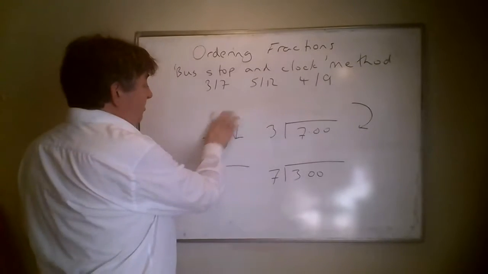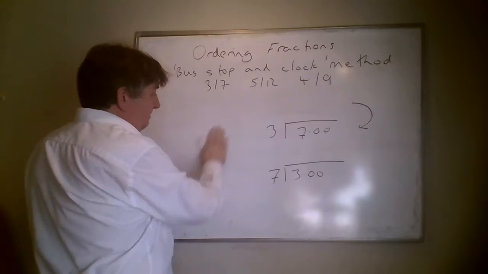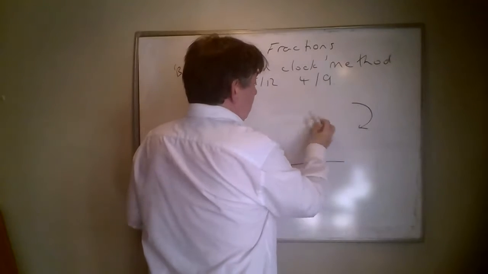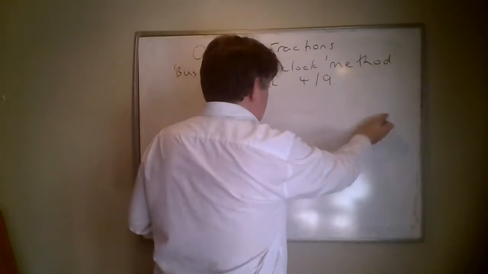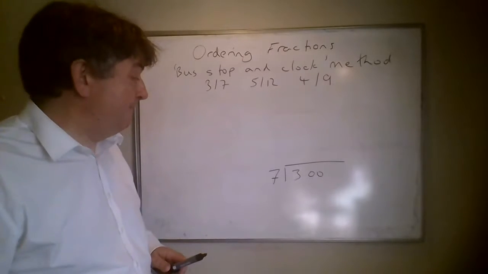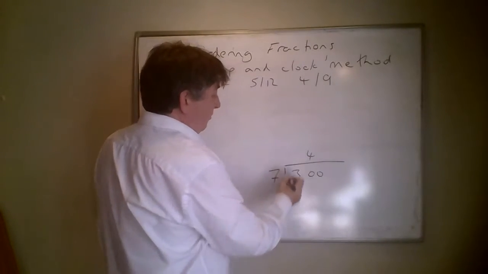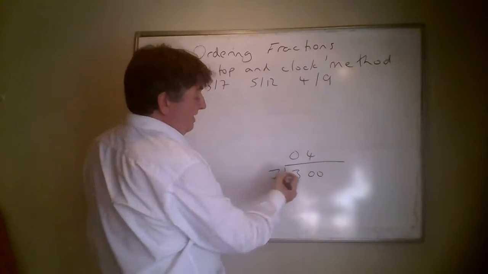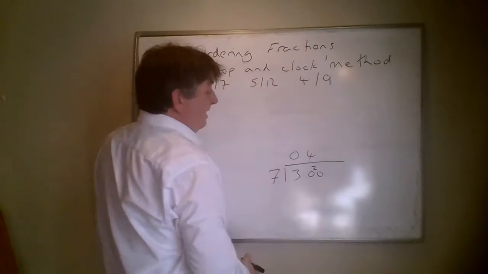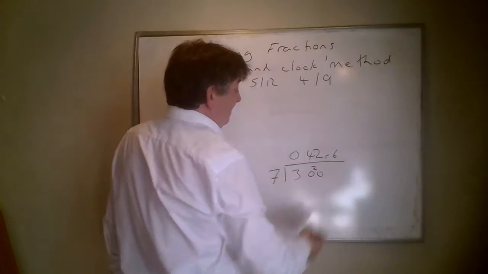So let's start off then by doing that division. 3 divided by 7, 3/7. And 7 into 30 is 4, so it's 0.4, carry 2, and that gives us 2, remainder 6.